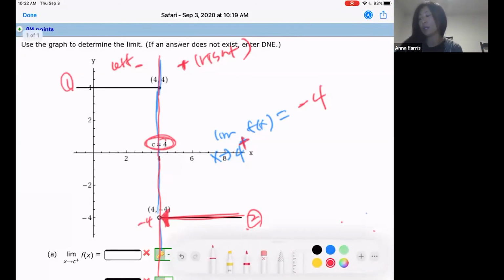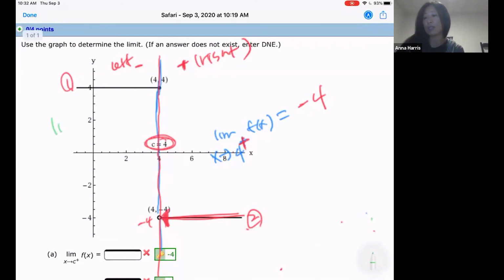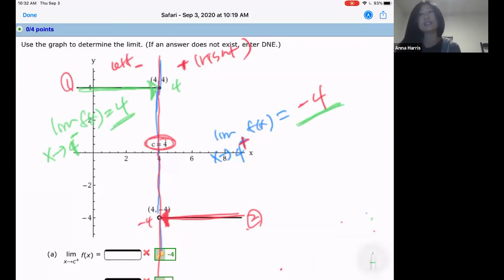So now I'm going to look at the next one. I want to look at the limit as x approaches 4 from the negative side of this function, which means I need to look at this graph. Where does this one approach? +4. All right, so because my right-hand side and my left-hand side are not the same, I do not have the limit.